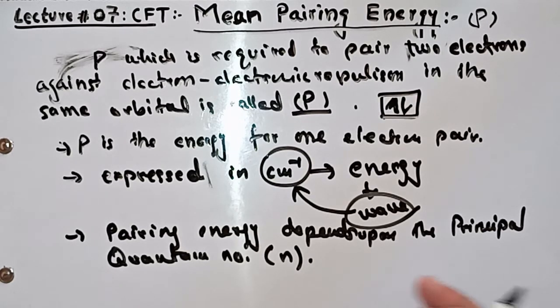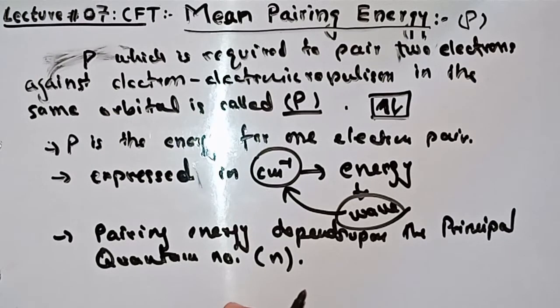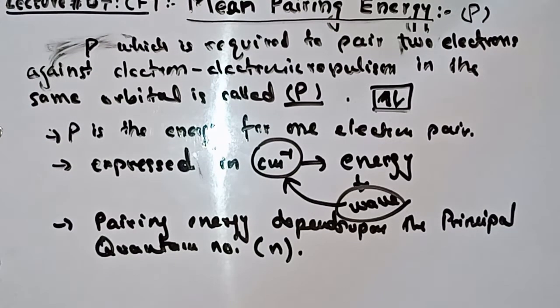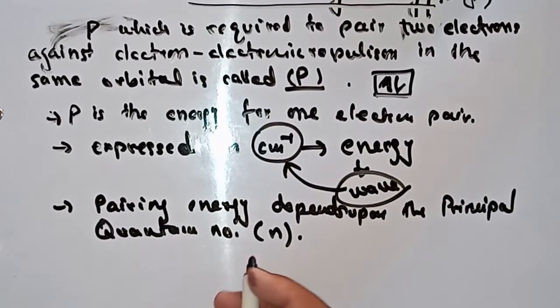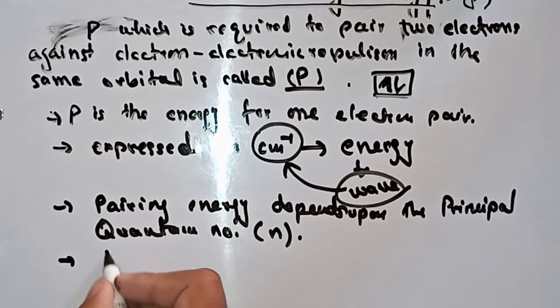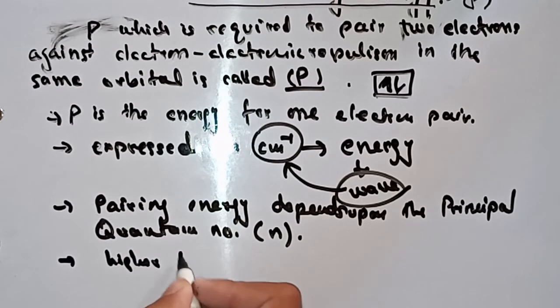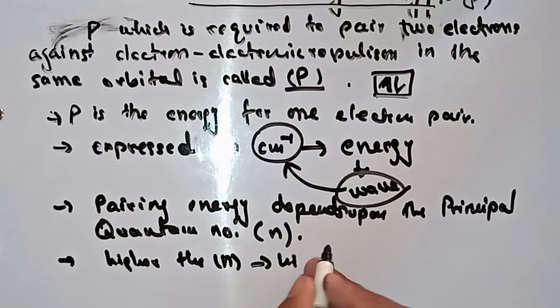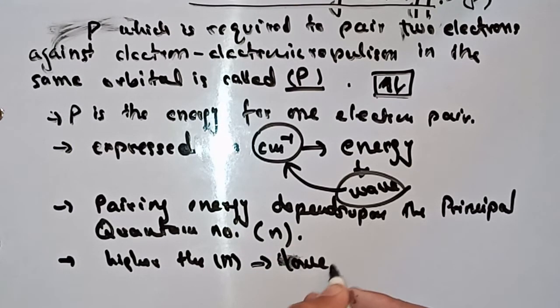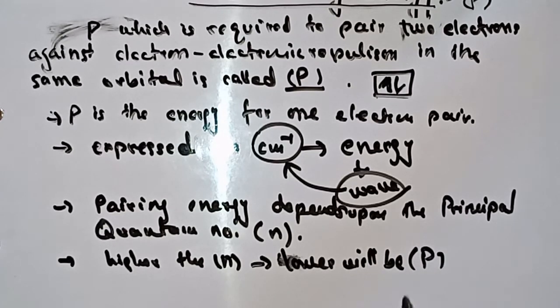Pairing energy depends upon the principal quantum number, because the higher the principal quantum number, the lower the mean pairing energy will be.